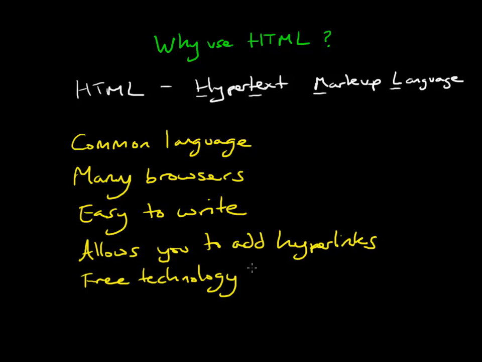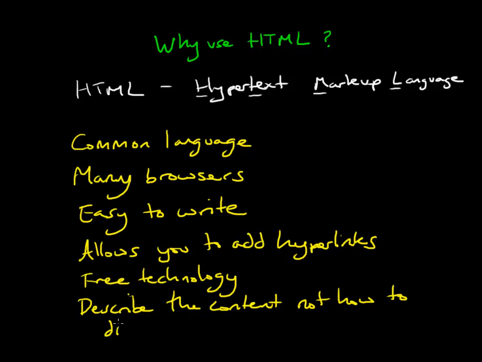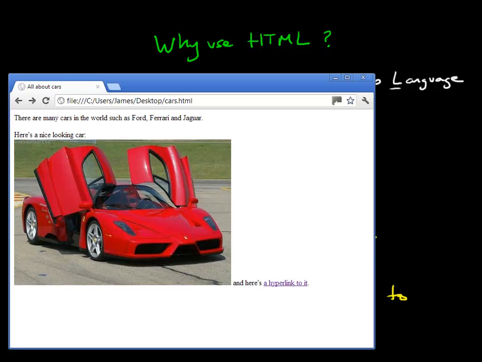And one of the big reasons is you describe the content, not how to display it. So when my web browser decides, as it did, that it's going to show me this web page like this, and it's going to put all about cars here, the web browser decides to do that.